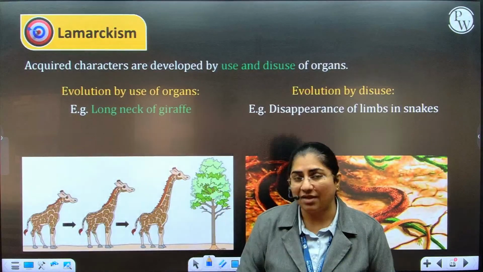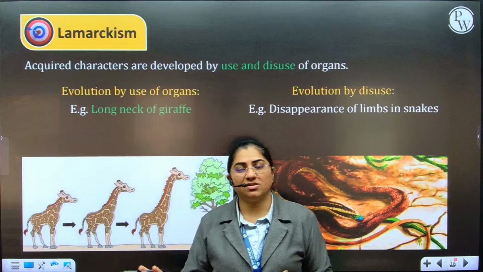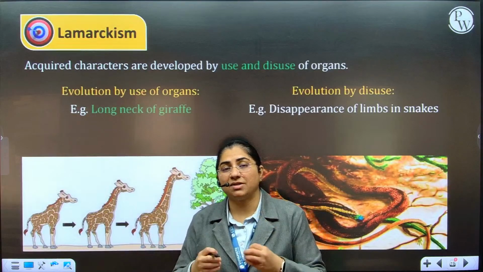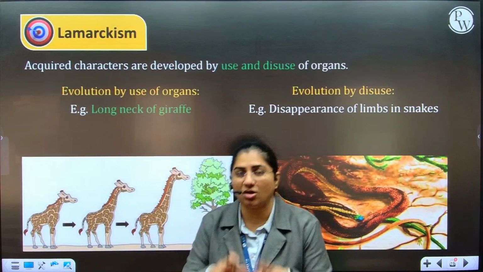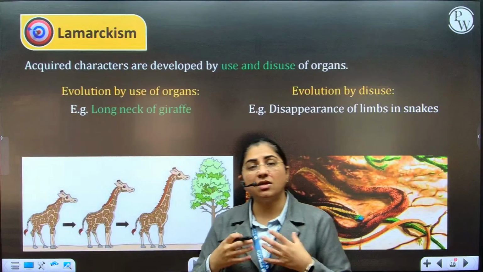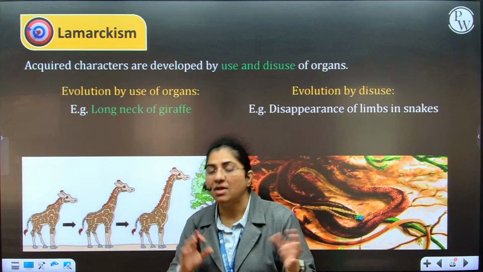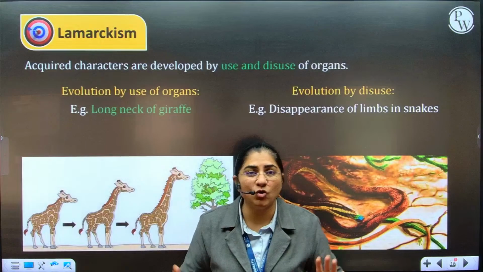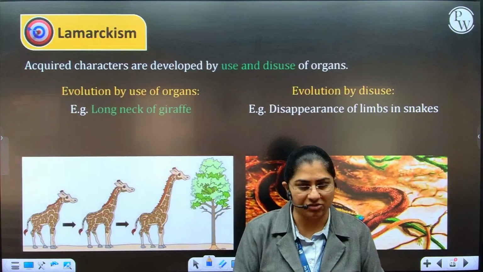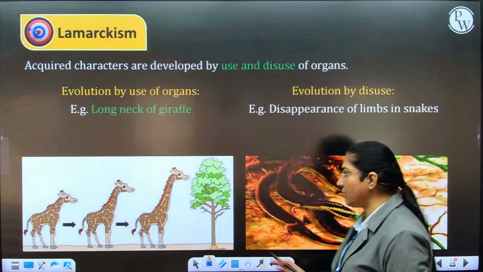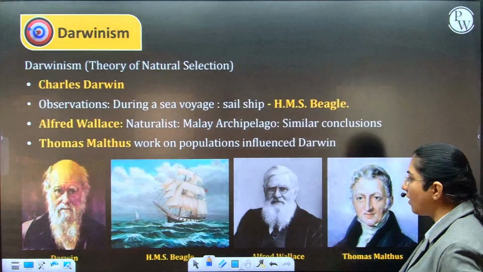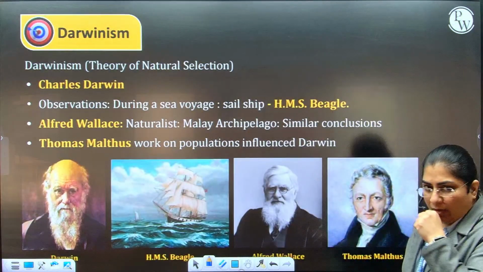However, we've studied from Mendel sir that the characters which are present within the genes or which are inherited are the ones which are present in the genotype, and phenotypic changes will have no effect and will not be carried forward in the next generation. Hence, we cannot accept Lamarck sir's theory. Then Darwin sir was there.